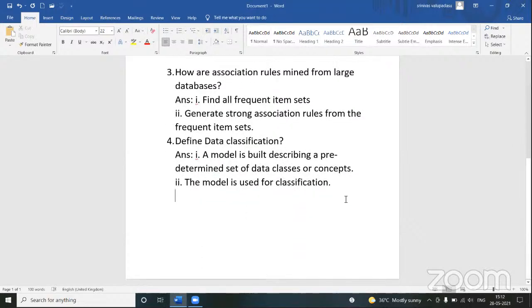Next question. Describe the two common approaches to tree pruning.